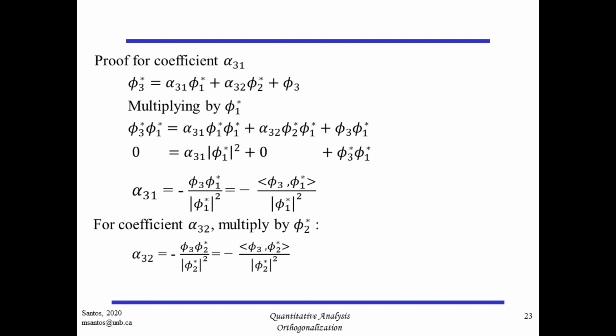Likewise, for coefficient 3,2, we have to multiply the equation at the top by phi star 2. We follow the same development, and we have now these equations. So we can then generalize by saying that the coefficient alpha sub ij equals minus the inner product of phi i and phi star j divided by the quadratic norm of phi star j.